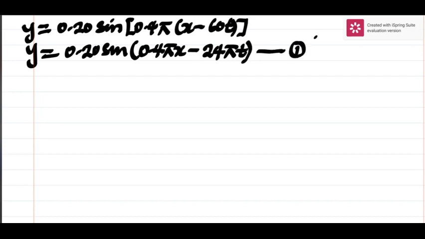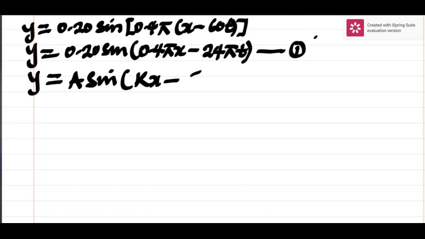Then the general form of the equation is given as y = a sin(kx − 2πft). Call this equation 2.